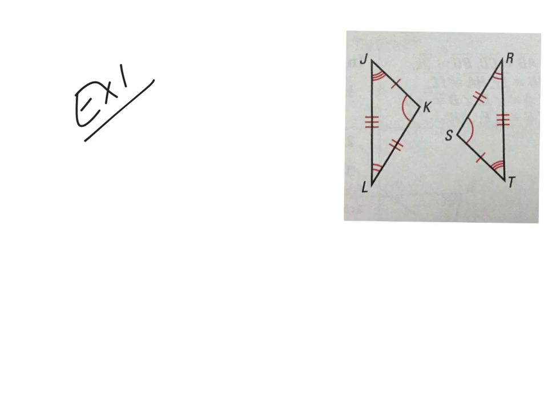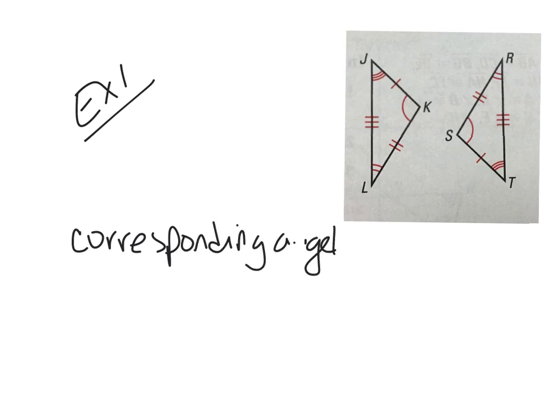So, it's actually easier to do that first. So I'm going to say corresponding angles. And then you guys tell me which angles are corresponding. So you just look at the marks.